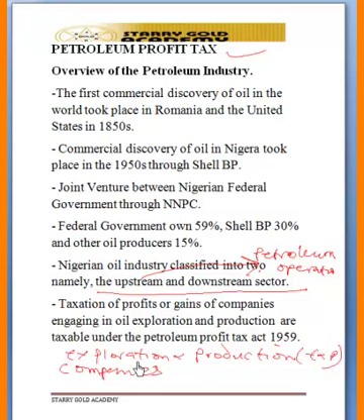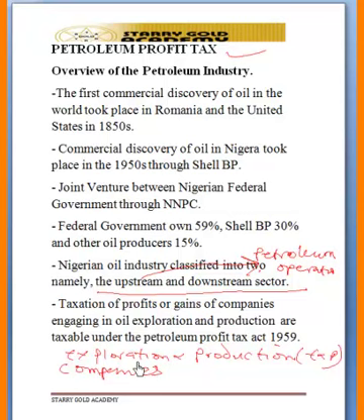Now, what is the distinguishing feature between the upstream sector and the downstream sector? One, the upstream sector is a capital intensive operation. Drilling an oil well needs very capital intensive instruments, machines, rigs that do the drilling.